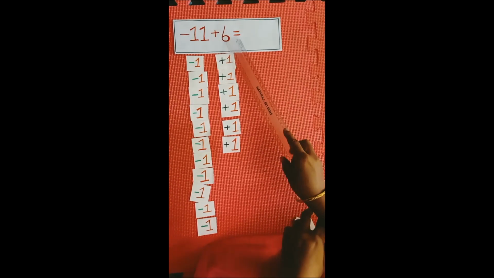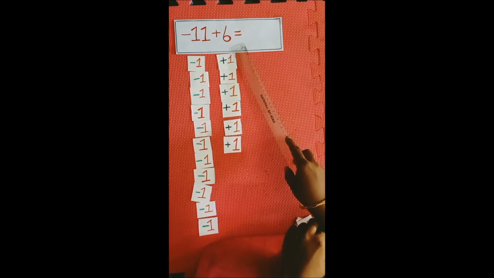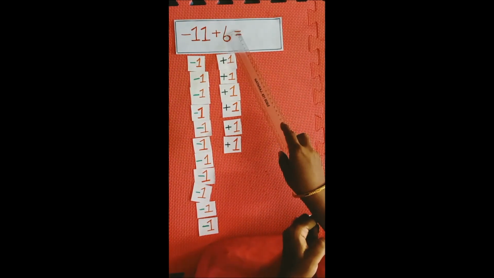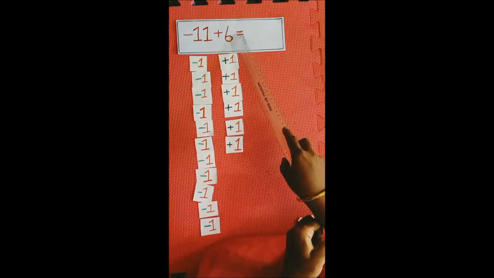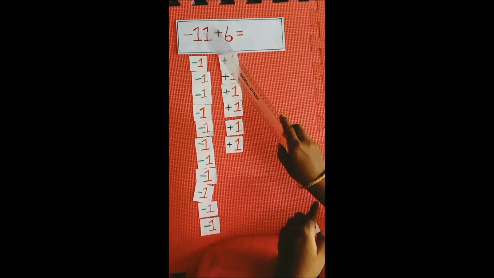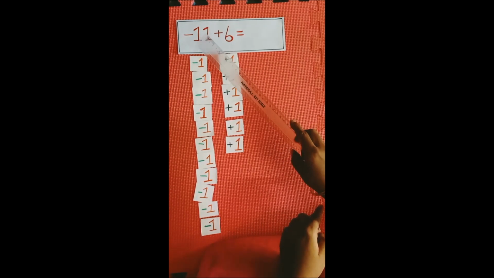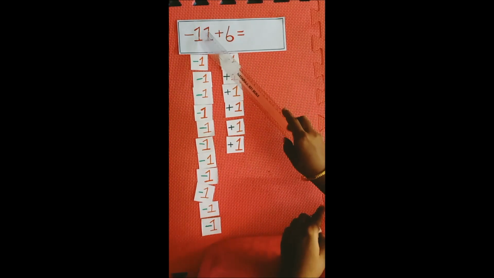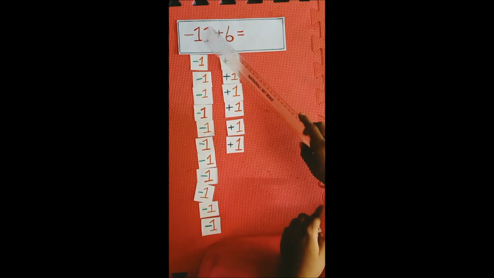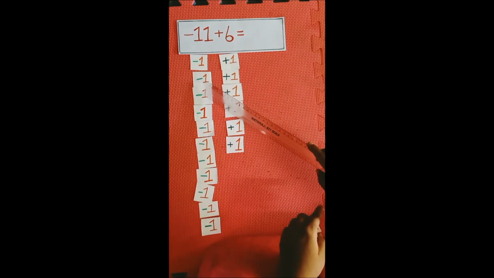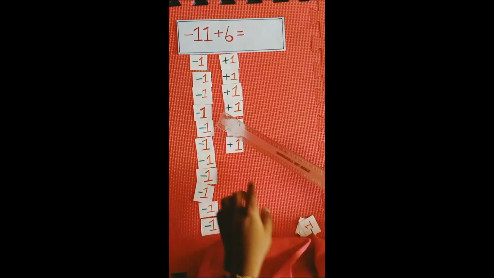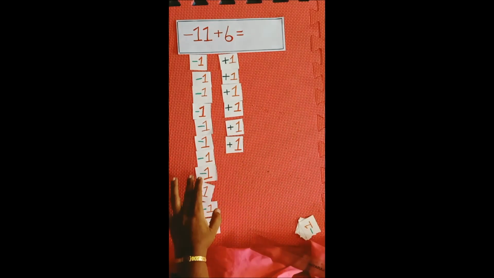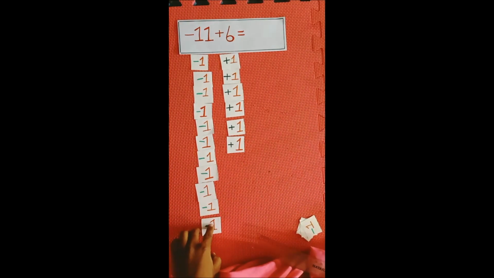Next, see the second sum. Minus 11 plus 6. Again we have two integers. One is negative and the other is a positive integer. Now we are going to find the value of these two integers. For minus 11 we have to take the minus 1. How many times? 11 cards we have to take. See here, 1, 2, 3, 4, 5, 6, 7, 8, 9, 10, 11.